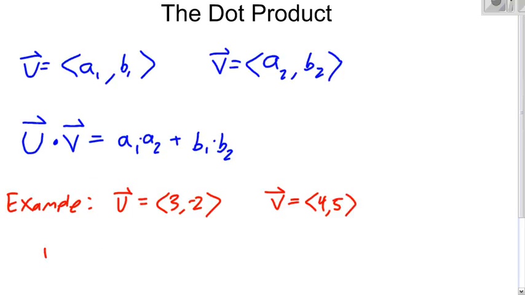And the dot product, u dot v, will be x component times x component, 3 times 4, plus multiply the y components together, -2 times 5. So we got 12 minus 10, so the dot product is 2.